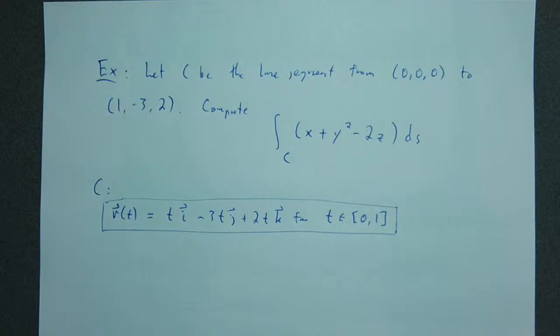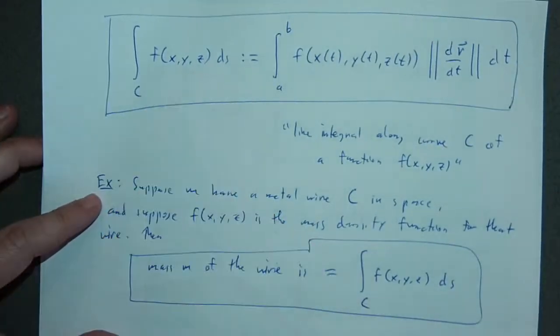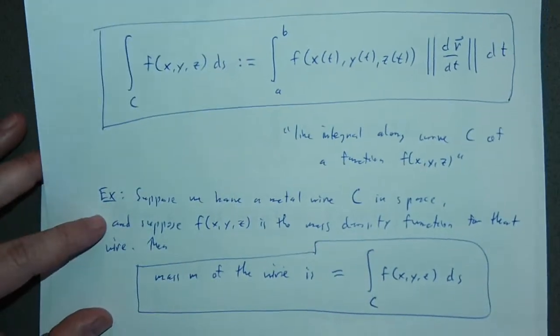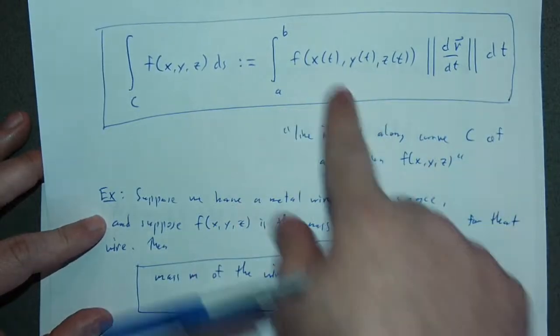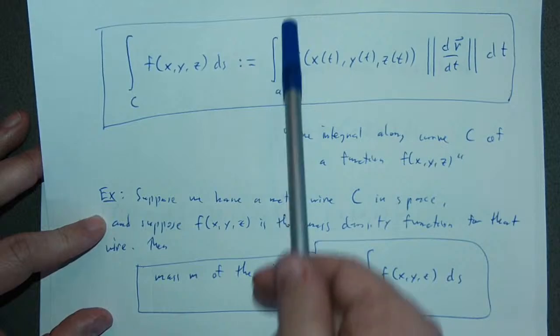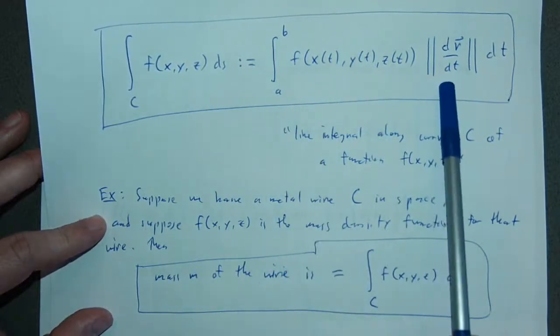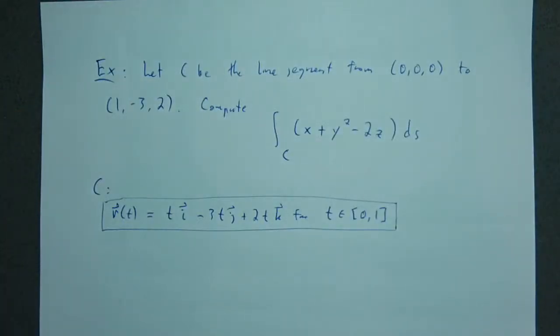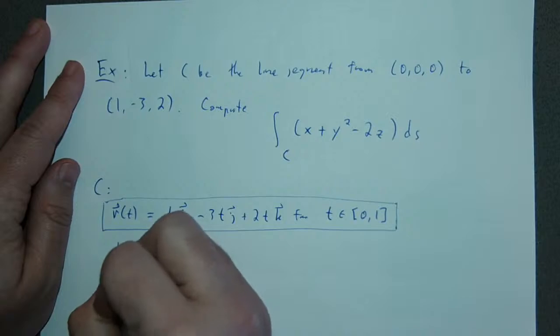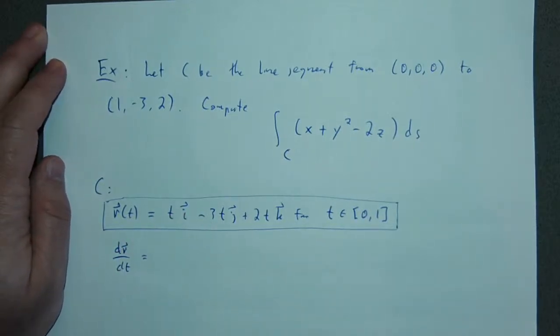All right, and so what pieces do I need in order to compute a line integral? I need the function that I'm integrating over. Well, I have that, that's my integrand. I need to plug the parameterization into the integrand. So I need the parameterization for C, which means I need the window the parameterization lives in. I have that. I'll do all that algebra in a second. I need to compute dr/dt and the length of dr/dt. Okay, so let's do that. What is dr/dt here? I'm just going to go slot by slot.